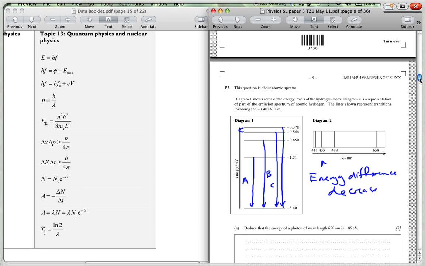Here we have an energy difference, for instance, between C and D, and we're going to have a smaller difference than between, for instance, C and B. So because the difference in energies is going to be less, the difference in the wavelengths is going to become less. So these are going to become closer and closer together.